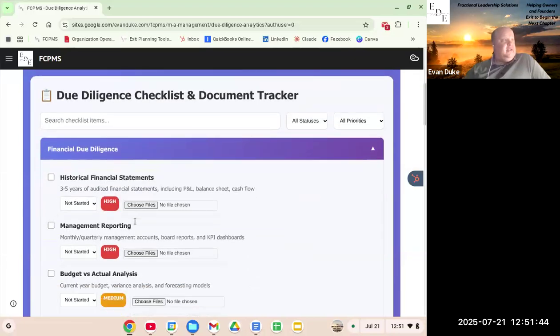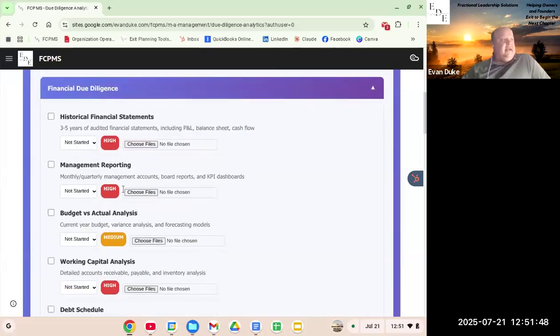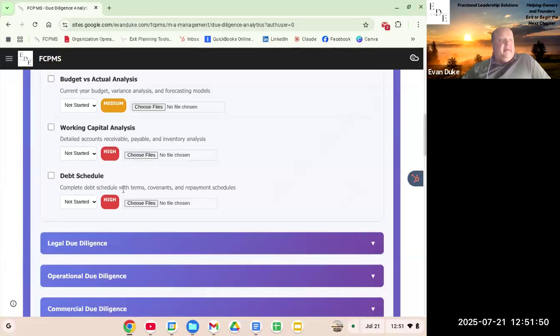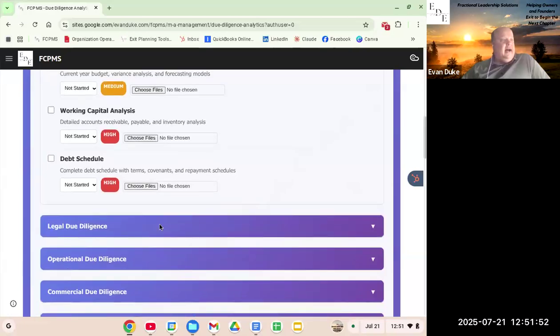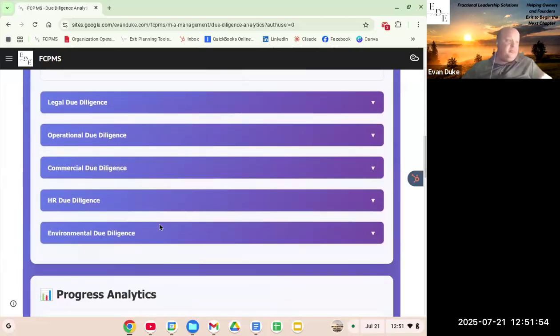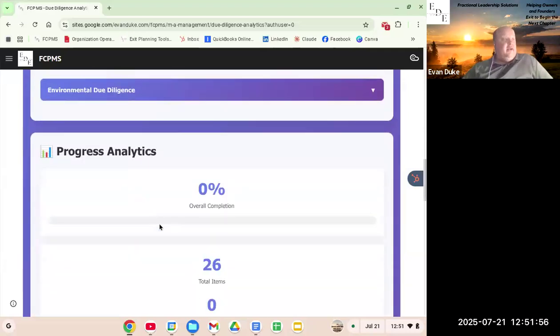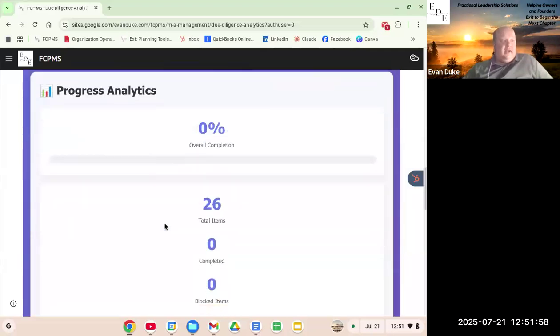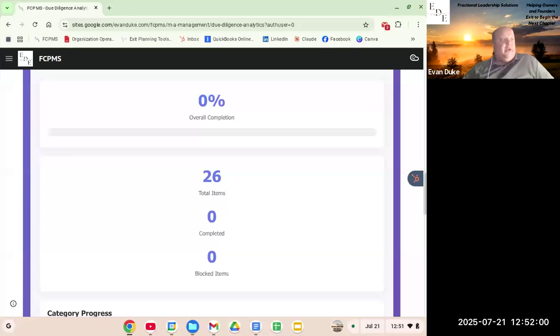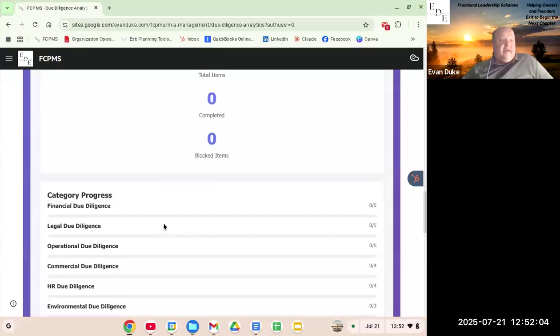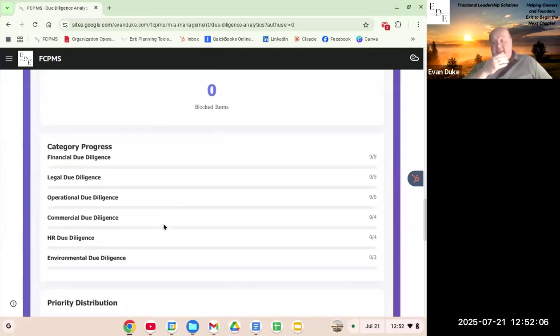And what's nice about this is our due diligence checklist and document tracker. We'll be like, okay, these are all the documents and these specific categories. We'll get an overall completion. Okay, there are 26 total items that we are looking to complete. And the faster we're able to get all of this stuff together, the faster we're able to move forward.